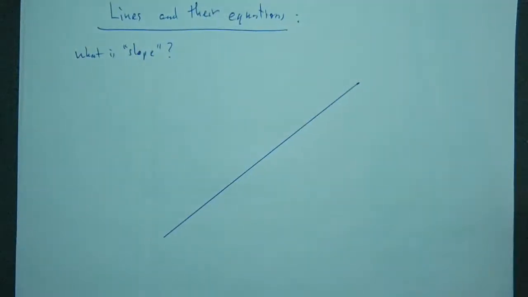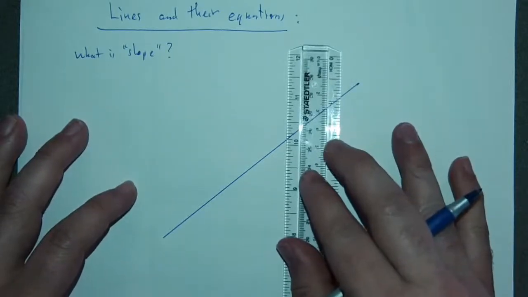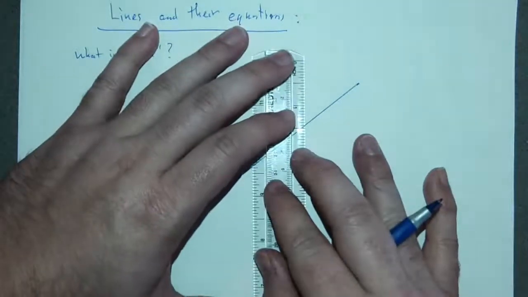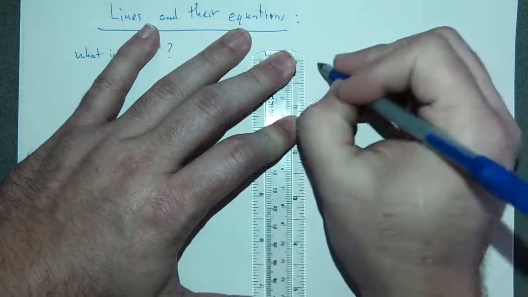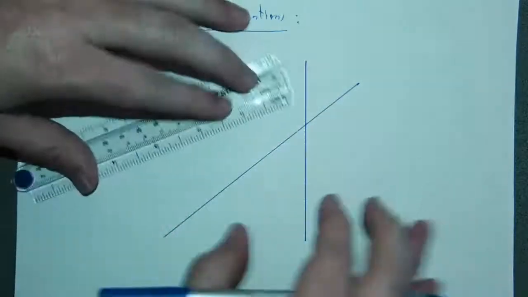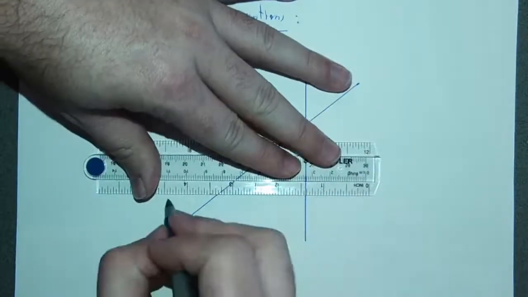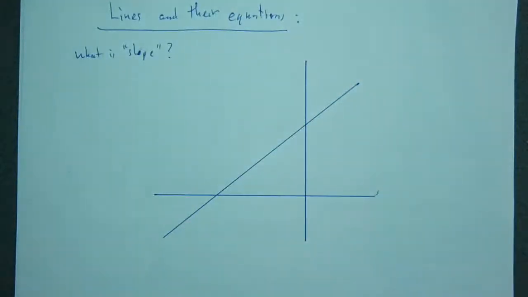Well, I can talk about rise over run here. How do I talk about rise over run? Well, I need to consider this in a coordinate system. So let's say I have perpendicular lines like this.